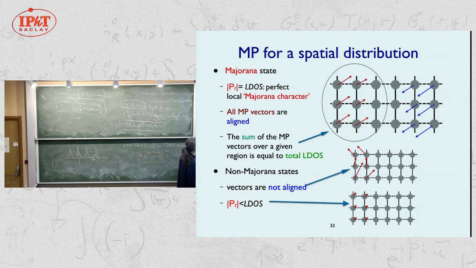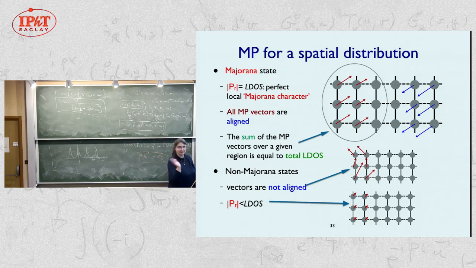But I also need to have all the Majorana polarization vectors to be aligned. So it's not enough to have just locally big values of the Majorana polarization. I also need some sort of ferromagnetic state in the Majorana polarization. So all the vectors have to be aligned, because sometimes non-Majorana states have locally Majorana character, but globally they don't, because the Majorana vectors are disordered.